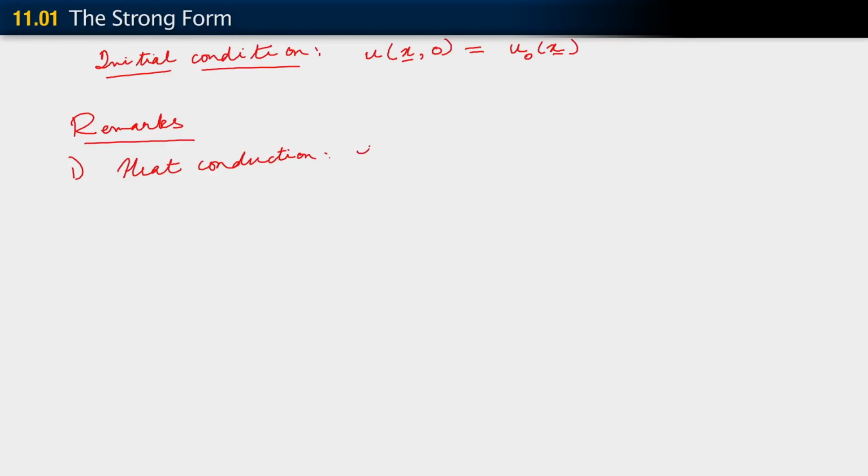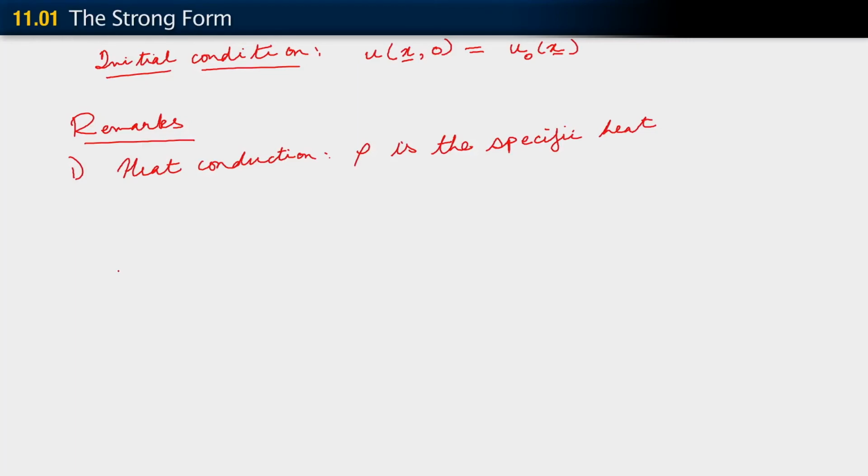Yeah, for a heat conduction problem, rho is the specific heat. And in the case of heat conduction, do you also know where our PDE comes from? What physical principle leads to our PDE? It's actually the first law of thermodynamics.